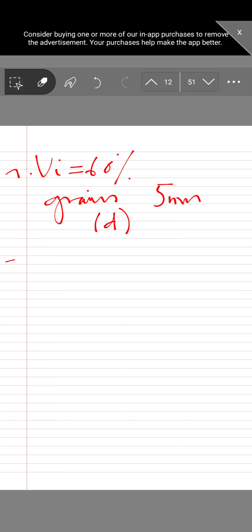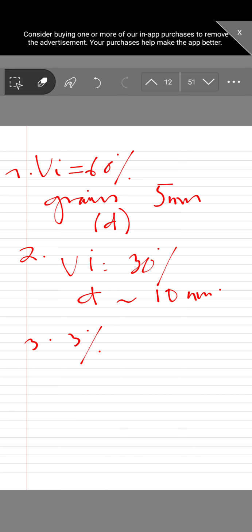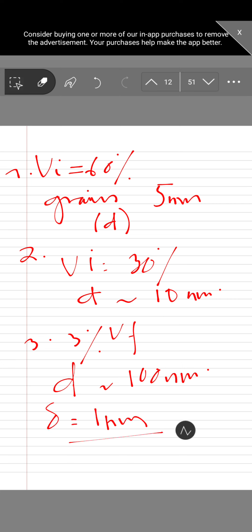Number two, if it goes down to 30%, we have larger grains, 10 nanometers, and for 3% volume fraction, the grain size is around 100 nanometers. We assume that delta is 1 nanometer here. This is our assumption.